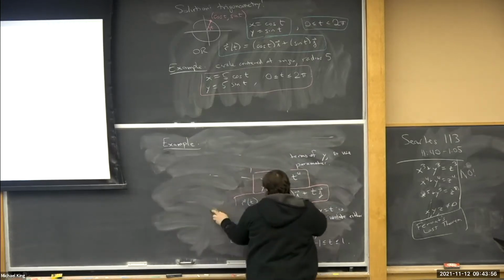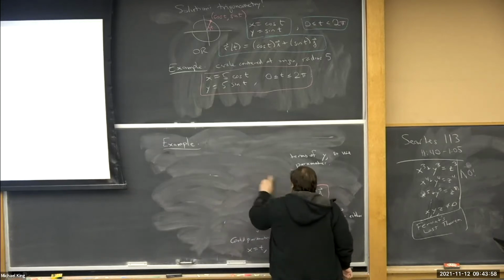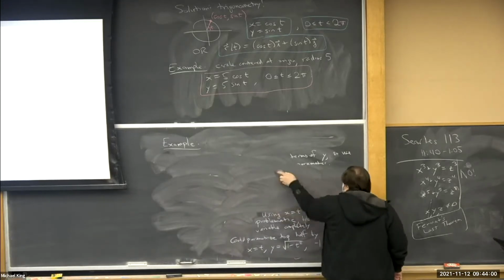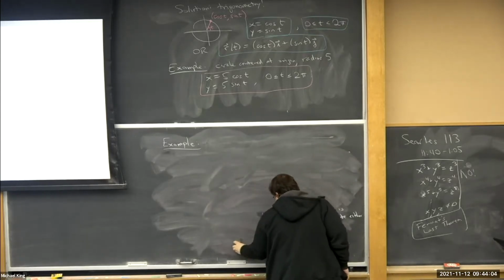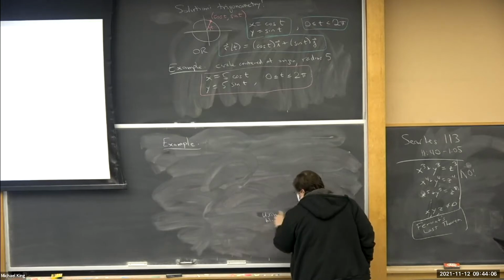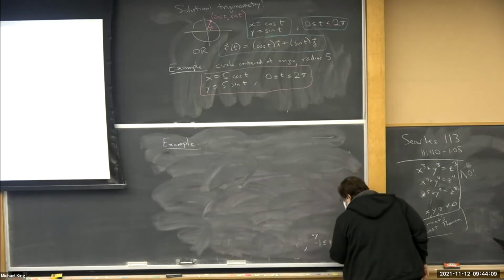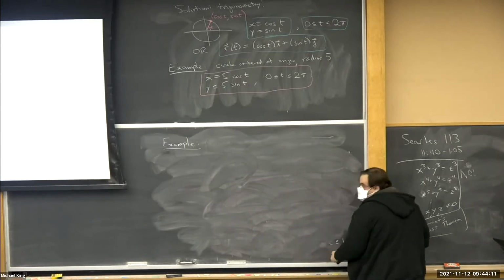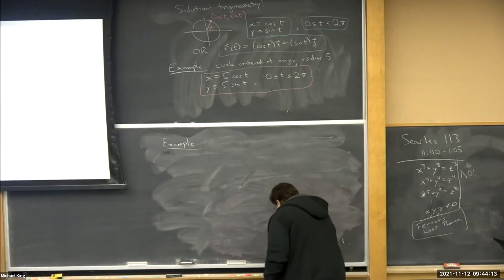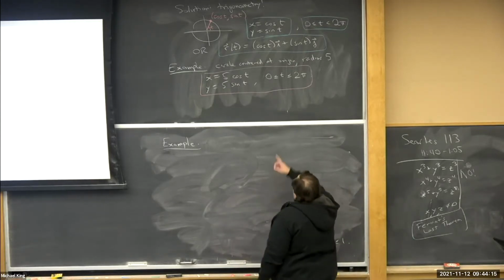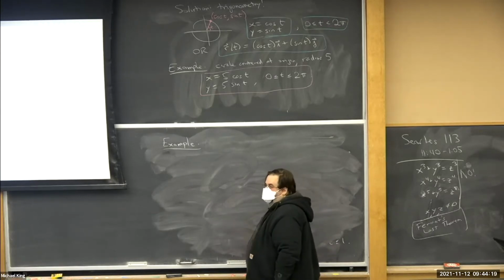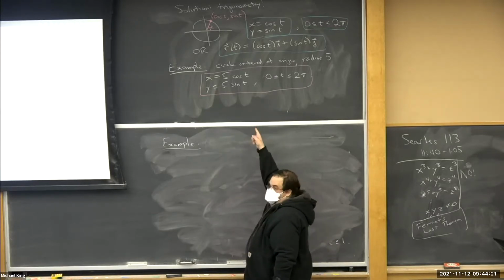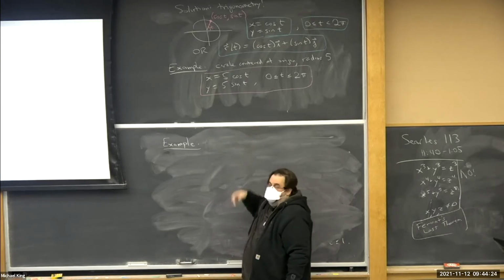Let's write the equation, because really the parameterization should satisfy the equation, right? For the unit circle, we do have cosine squared plus sine squared equals 1, which is equivalent to x squared plus y squared equals 1. And the equation of the circle of radius 5 would be x squared plus y squared equals 25. And you can tell if you plug those in, you would get 25 on the left-hand side, right?